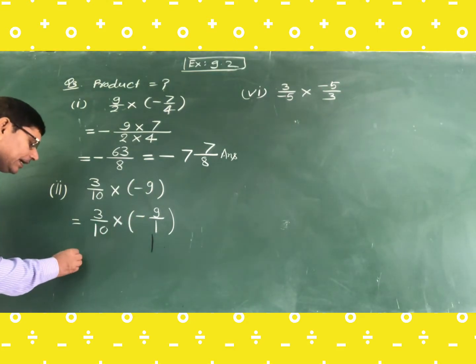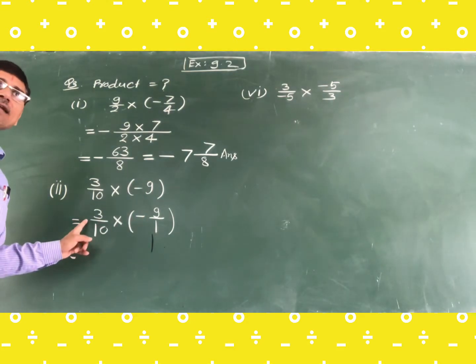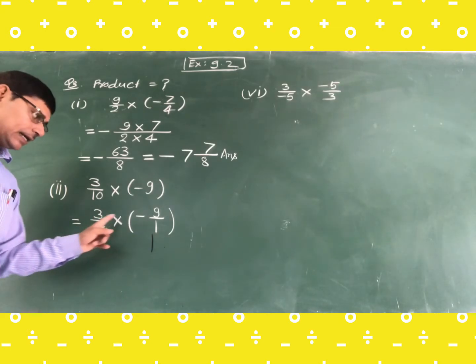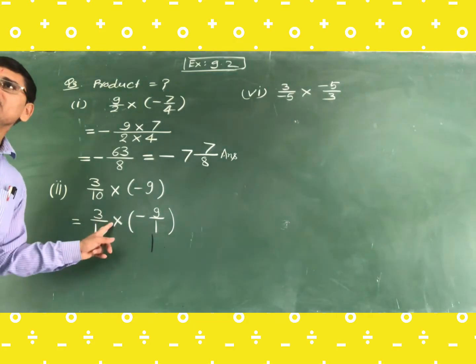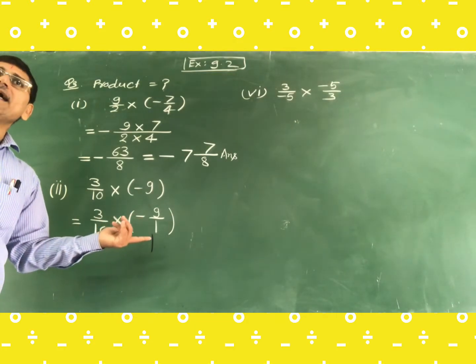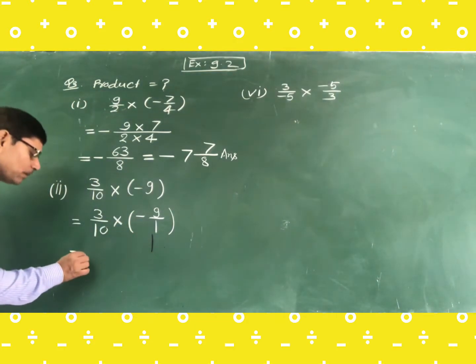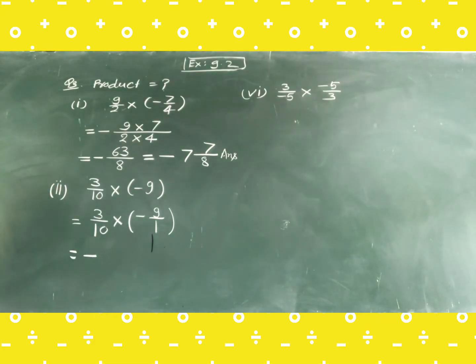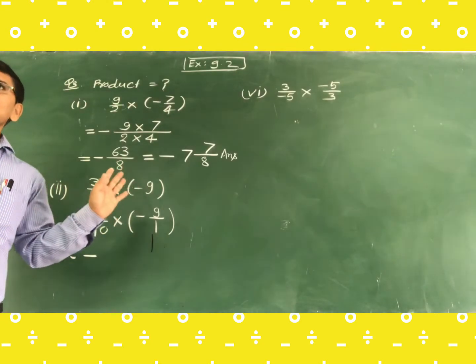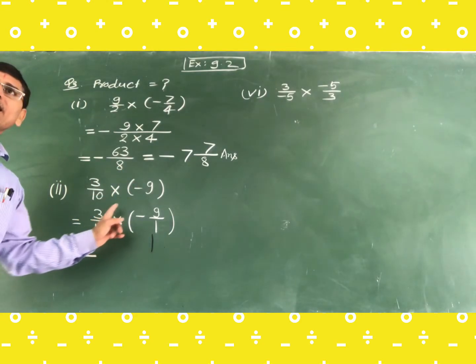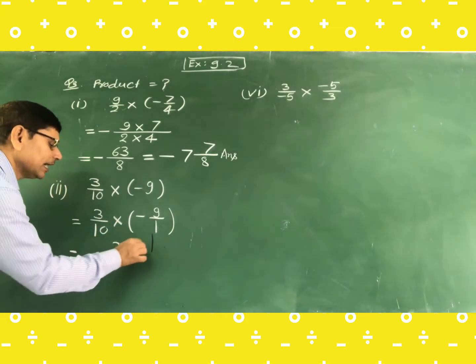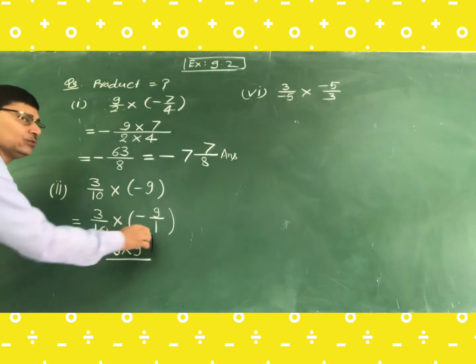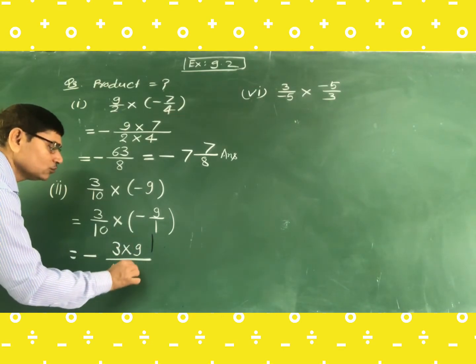After that, again this rational number has a positive sign and this rational number has a negative sign. So plus into minus, you will get minus. So first of all, you will put the negative sign, and then in the same way, without taking LCM, do nothing. You will multiply numerator to numerator, that is 3 into 9, and denominator to denominator, that is 10 into 1.